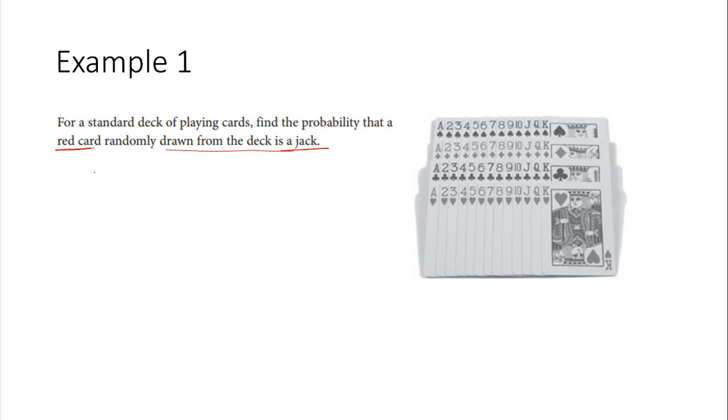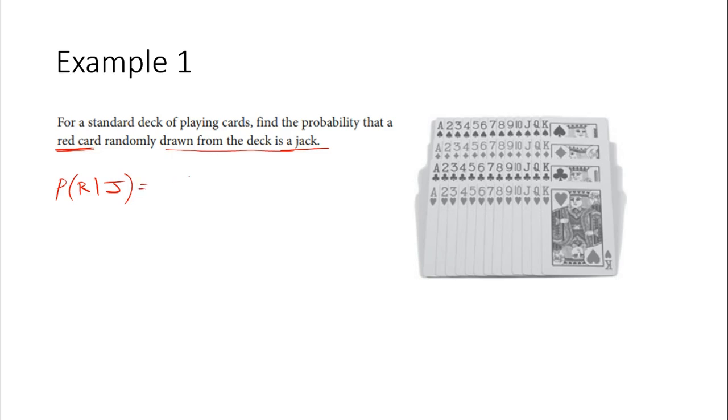So it's got to be red, but it's also got to be a jack, or given that it's a jack. What is the probability of pulling a red card given that it is a jack? That's basically how I'm reading it.